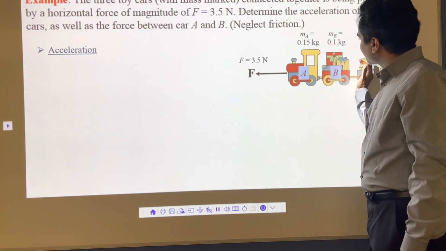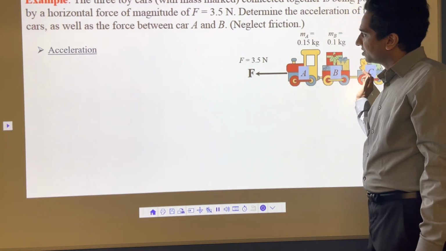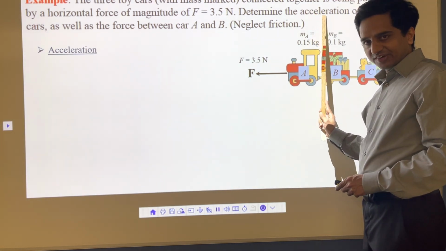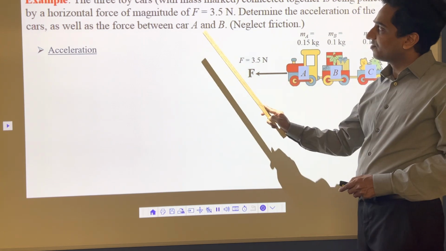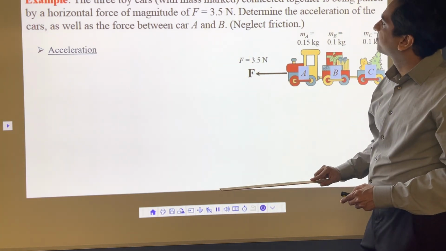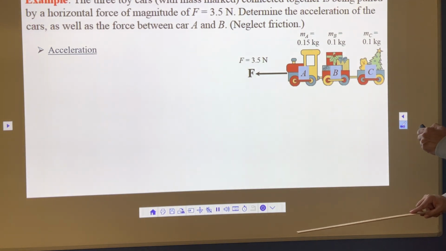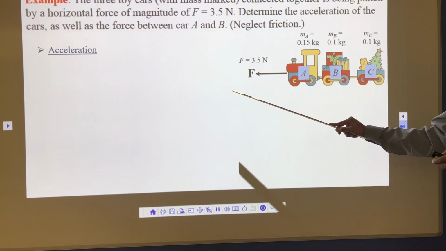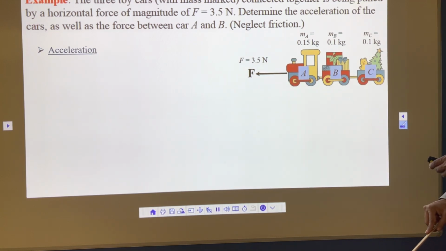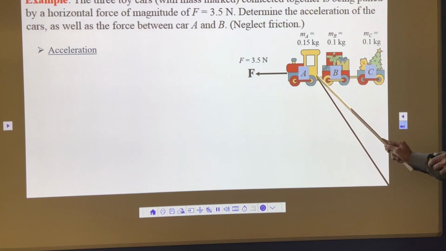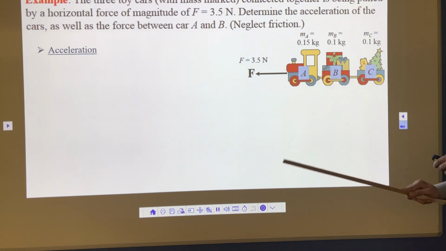The mass of the car is given here, and what we want to find out is the acceleration of the car at the 2-second mark. So here it says to determine the acceleration of the car as well as cars A and B. So you start pulling it, what will be the acceleration of the car, and then we want to find out the force between A and B. That's what the problem is.